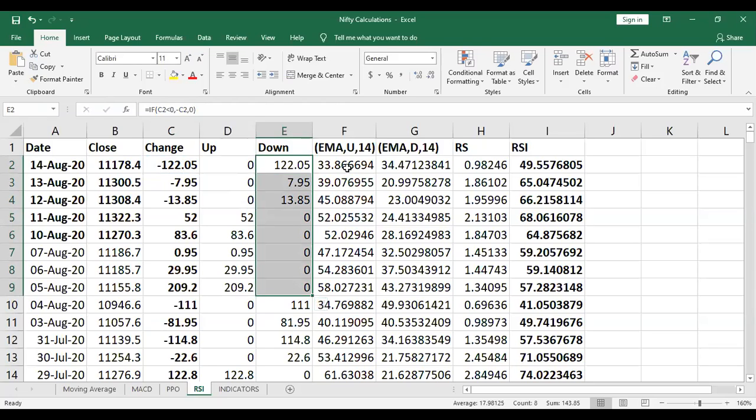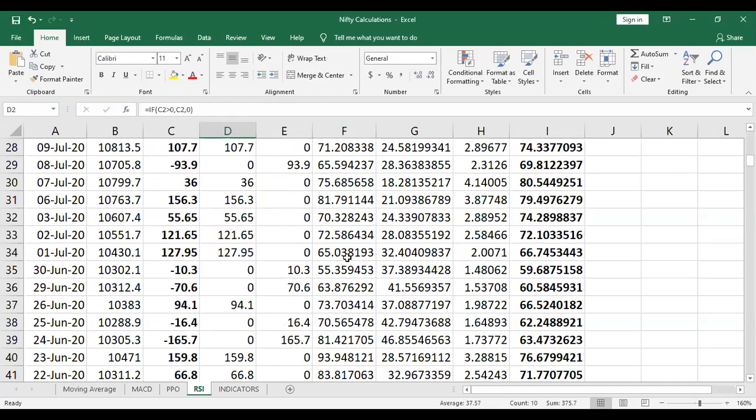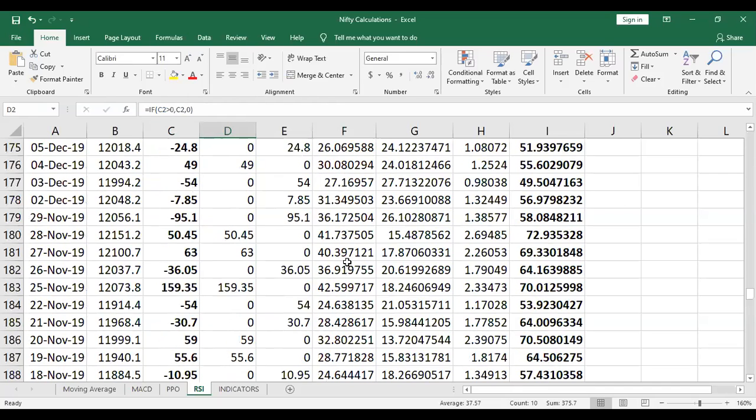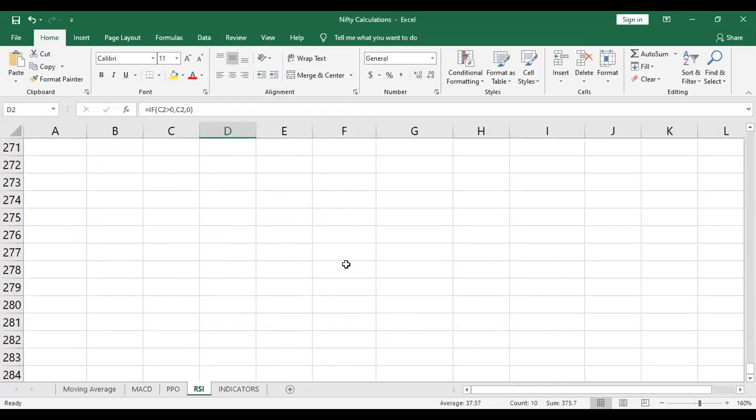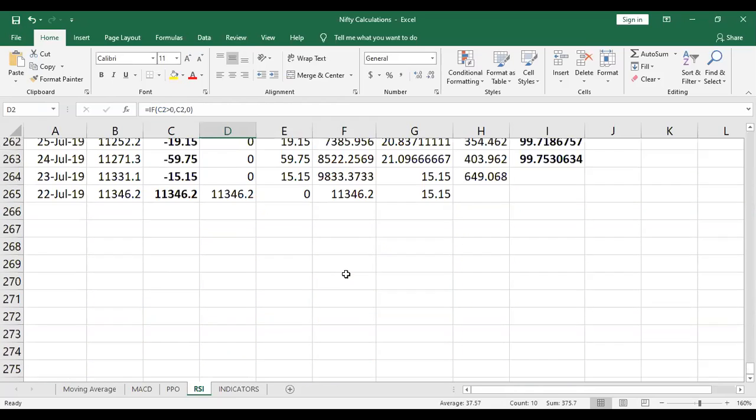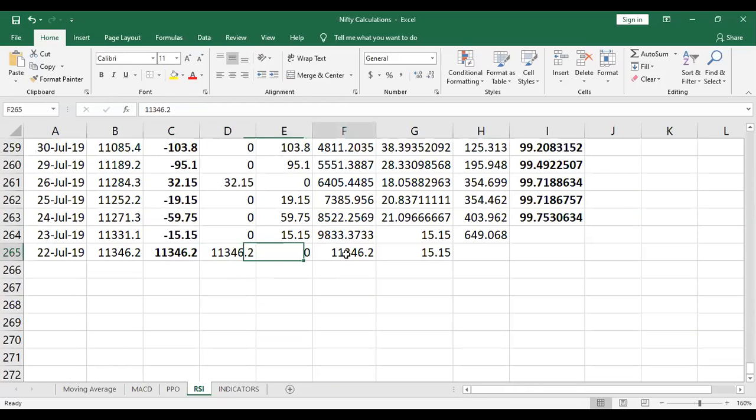Now, as per our EMA formula, we take the EMA of this upside column. Starting from the last side, we enter the same value.